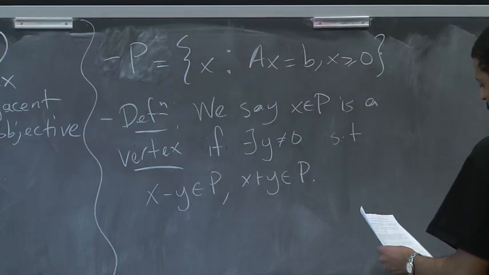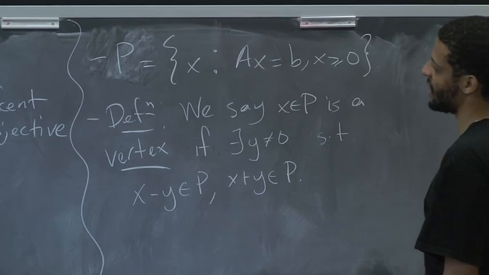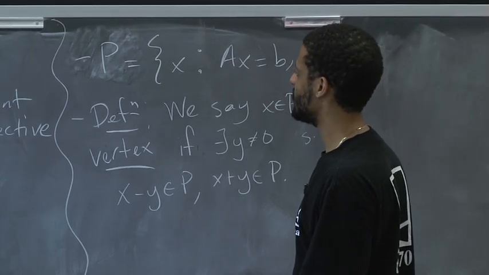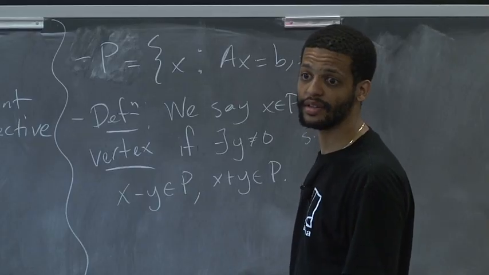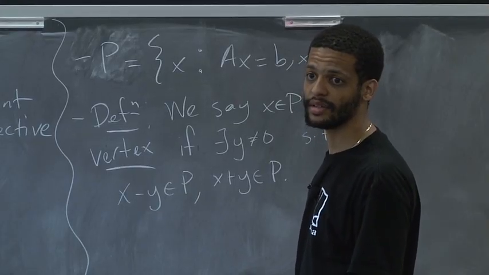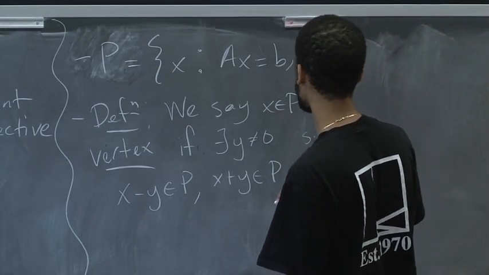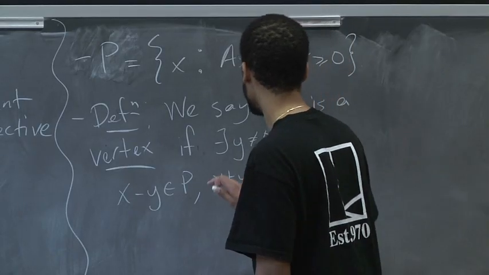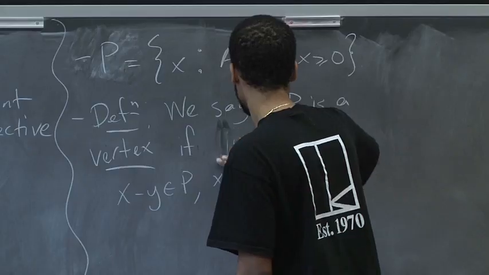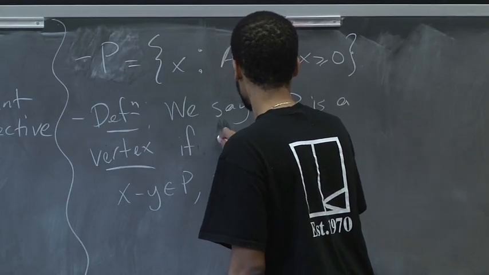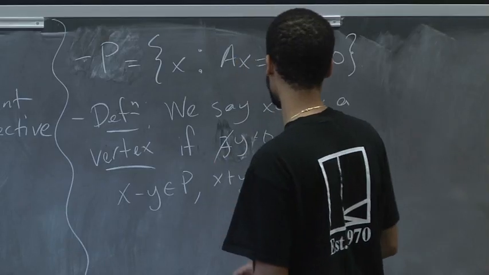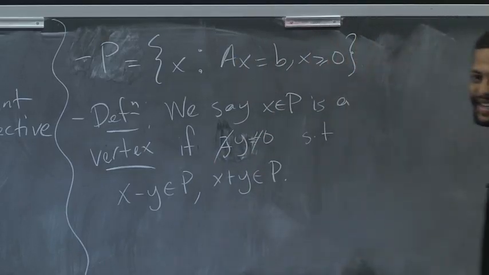Question? Oh, yeah, sorry. We say it is a vertex if there does not exist such a y. If there exists such a y, then it's not a vertex.